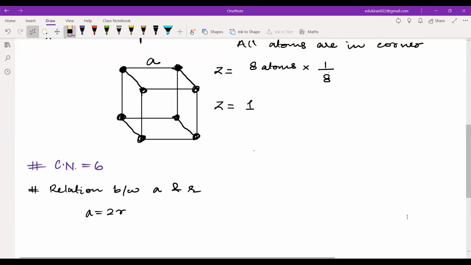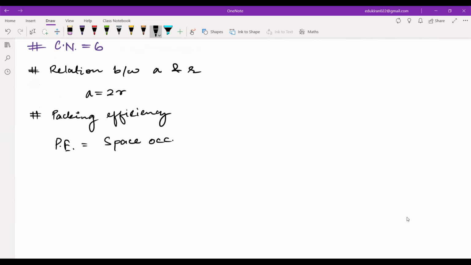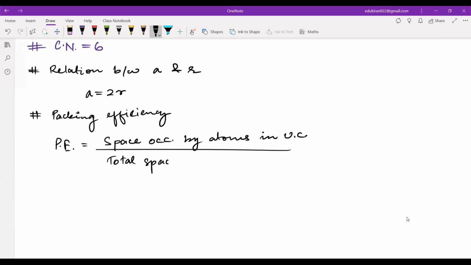Now we will find out the packing efficiency. Packing efficiency is equal to space occupied by atoms in unit cell divided by total space of unit cell into 100, right?